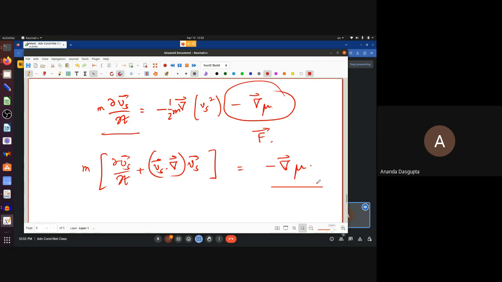And can anybody tell me why, if this were true, we would consider this flow to be dissipationless? We have not shown that yet. Dissipationless means no energy is lost into heat or some other mode.